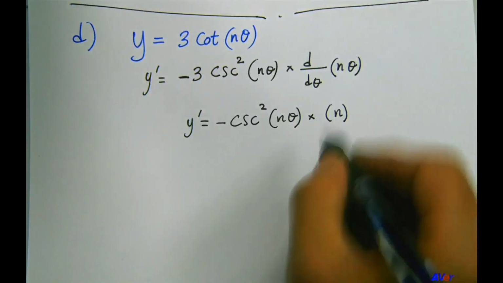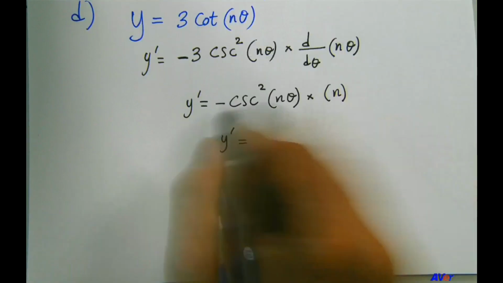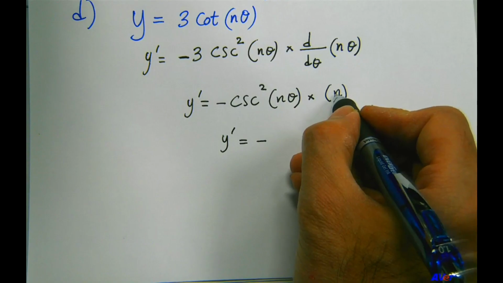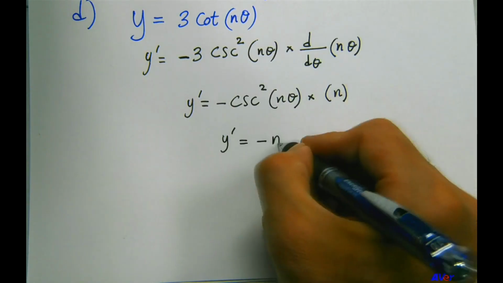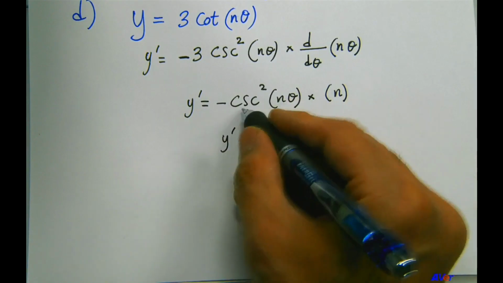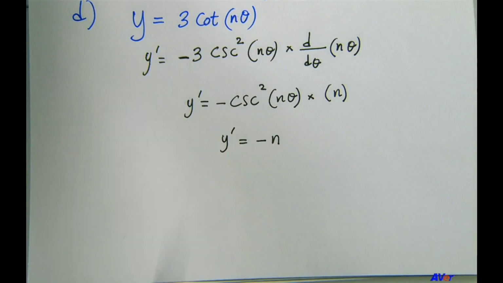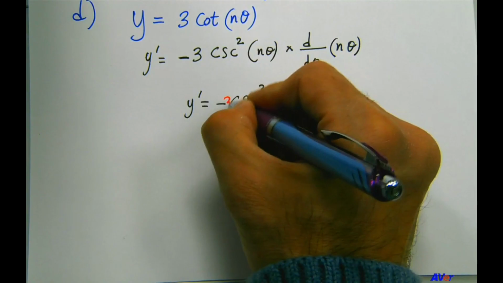Okay, so now let's clean this up a little bit. So y prime is equal to minus, because this is a constant value, like 2, 3, 5.8, I'm going to put n in front. And let me not forget the 3 also. This 3 should also be here.